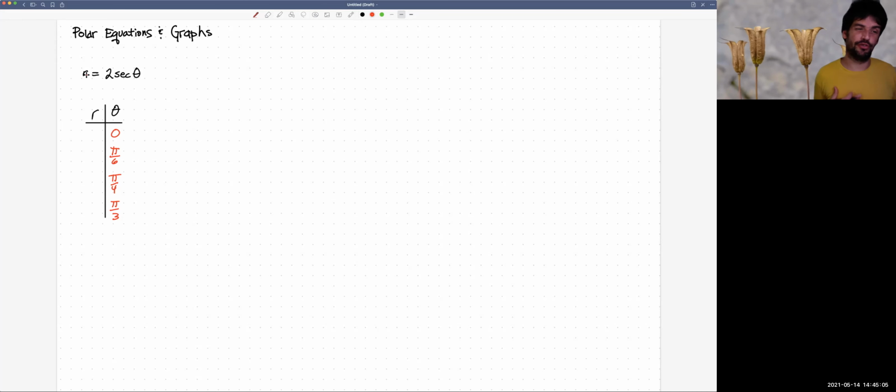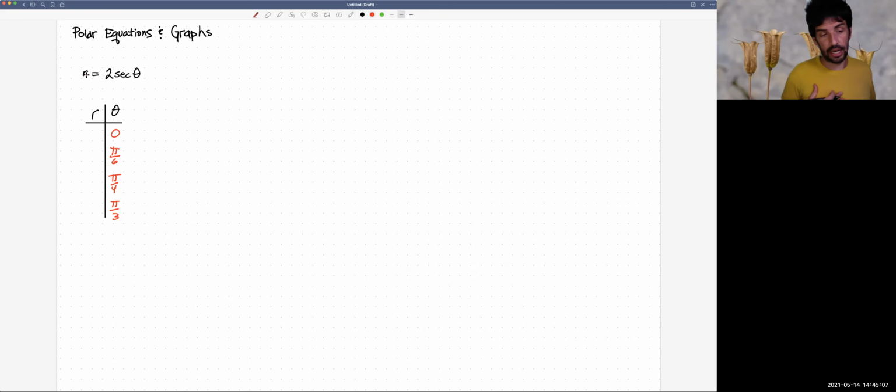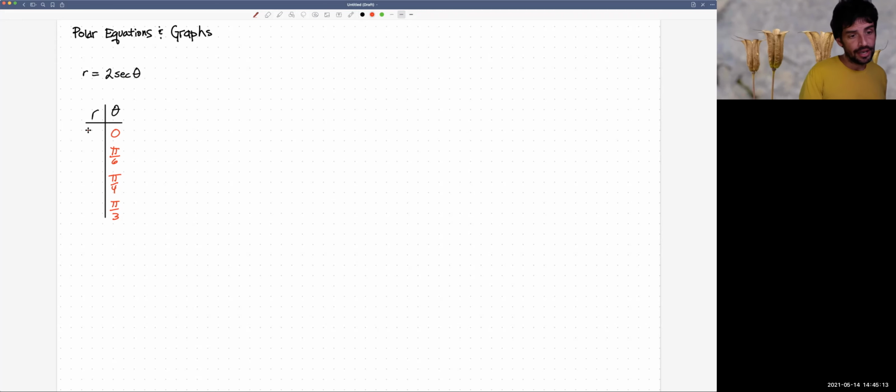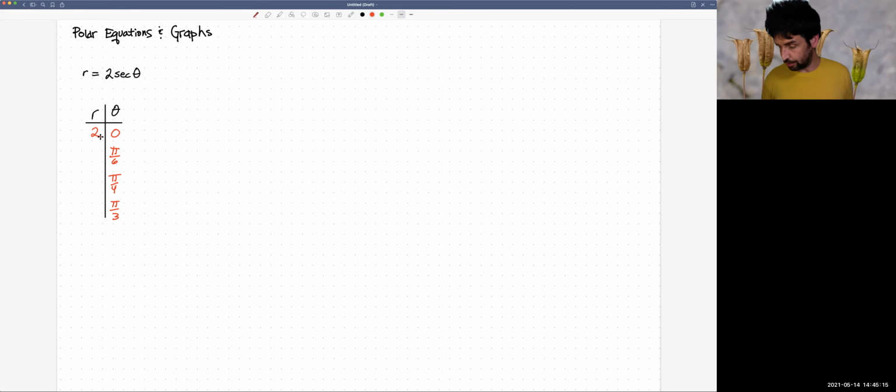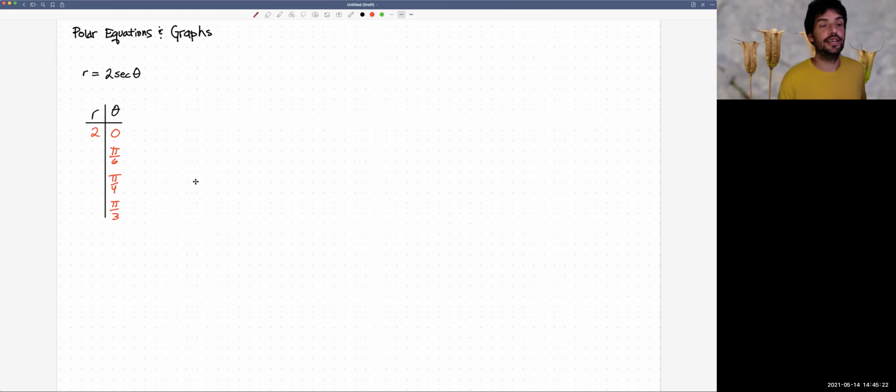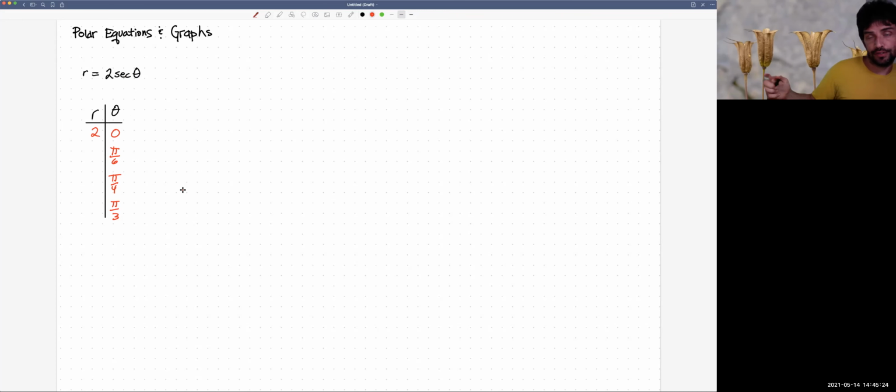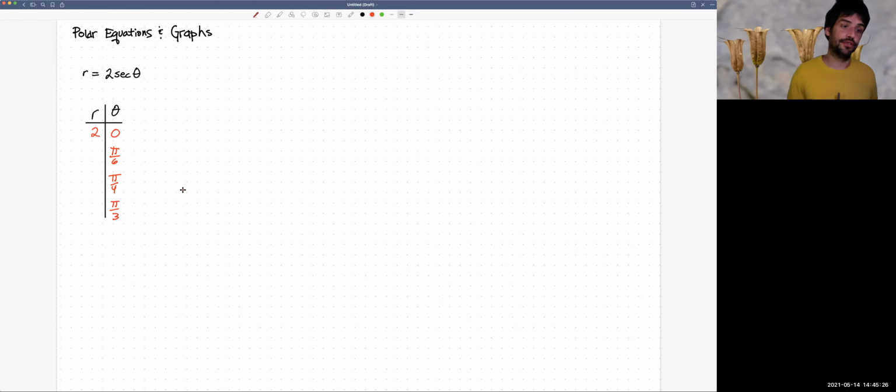And so these are all values from our unit circle. So for instance, if I put 0 in for theta, secant of 0 is 1. And so in that case, r is equal to 2. If I put pi over 6 in for theta, well, cosine of pi over 6 is root 3 over 2. So secant is the reciprocal of that, 2 over root 3, and then we're multiplying by 2.